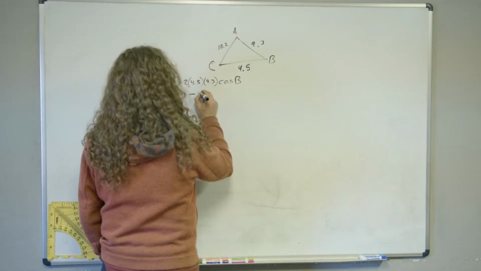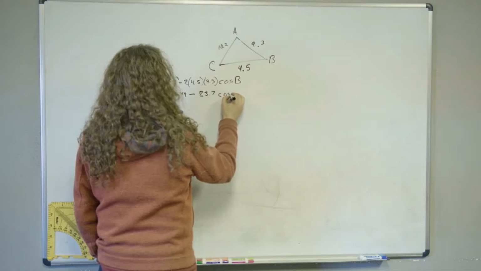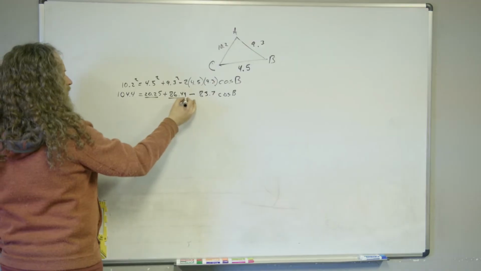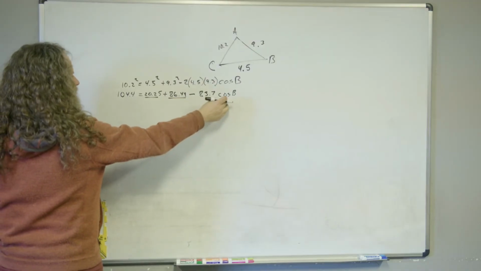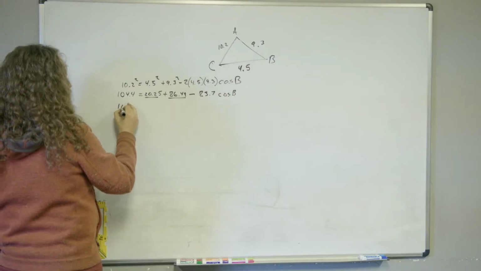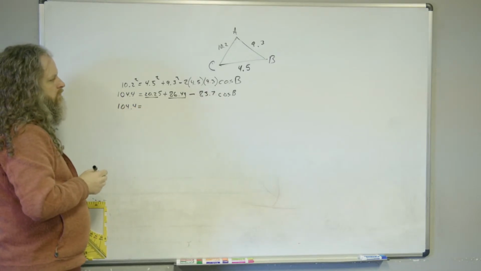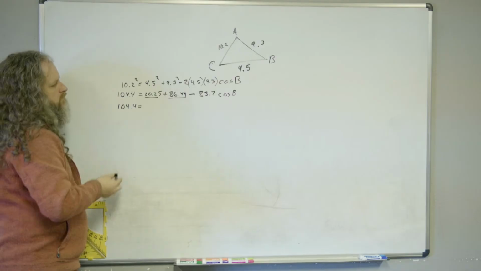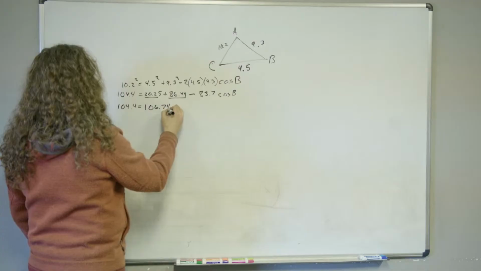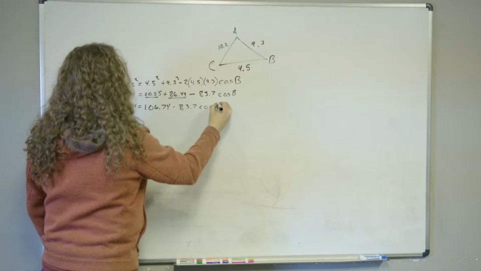Negative 83.7 sounds correct to me, times the cosine of B. We can combine the like terms, this one and this one. This one isn't alike because it's got the cosine on it. So what's 20.25 plus 86.49? 106.74 minus 83.7 cosine of B.